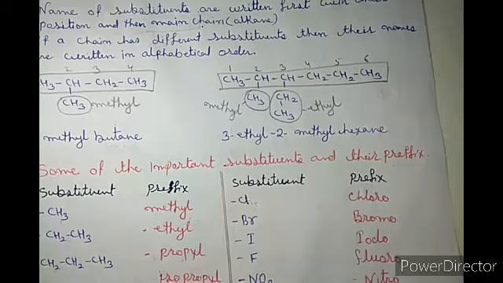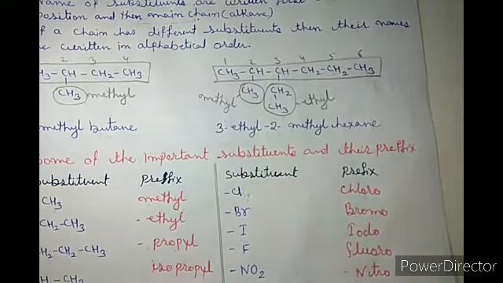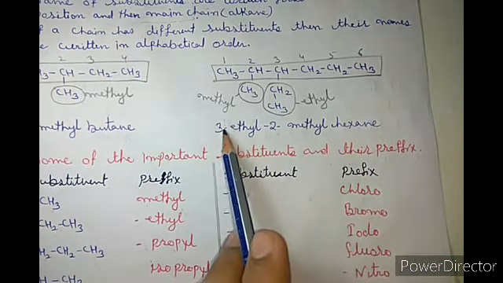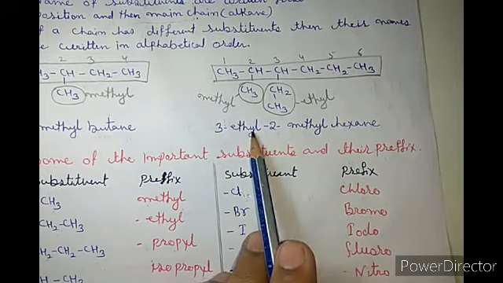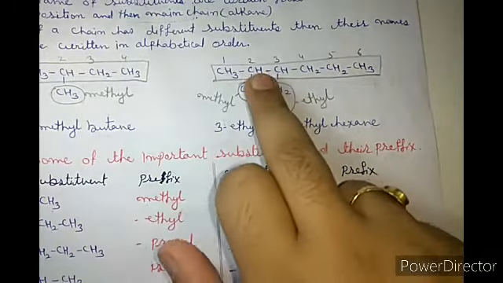Now consider the second example. Here the methyl and ethyl groups are attached. Alphabetically ethyl comes first, so we write the name of ethyl first. On which carbon is it attached? On third. So when we write the name, then we show 3-ethyl. And then the second substituent, that is methyl, which is attached on the second number.